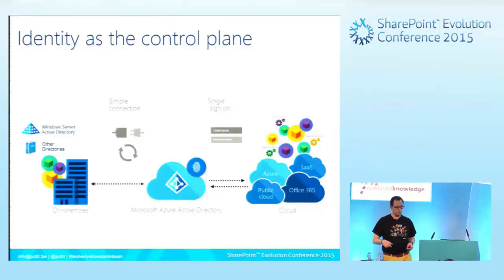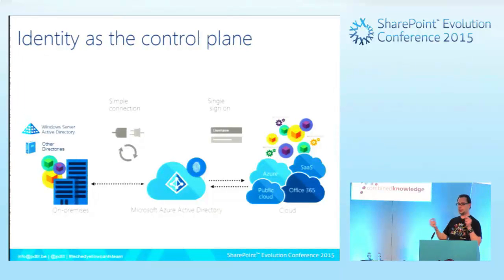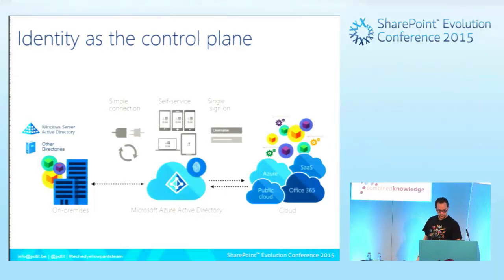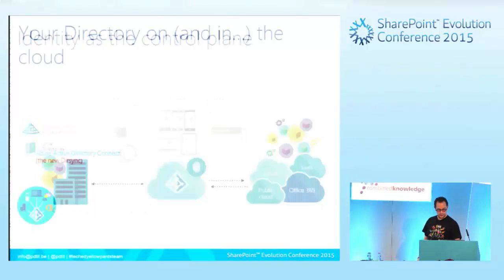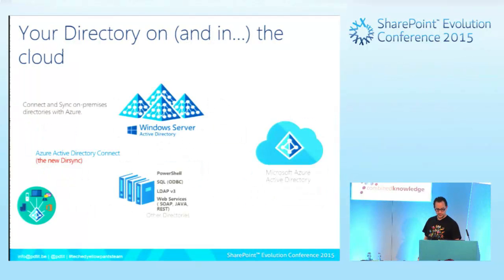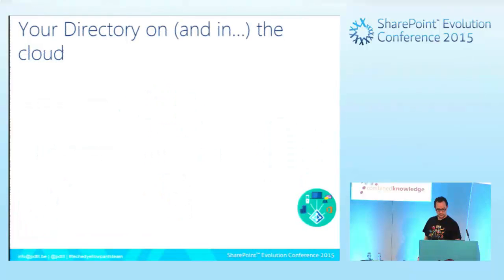So one of the things where Microsoft Azure Active Directory Premium can help you is actually gluing the on-premise Active Directory, your trusted identity system, combining with cloud applications. And of course, supporting all the devices, but you already know.